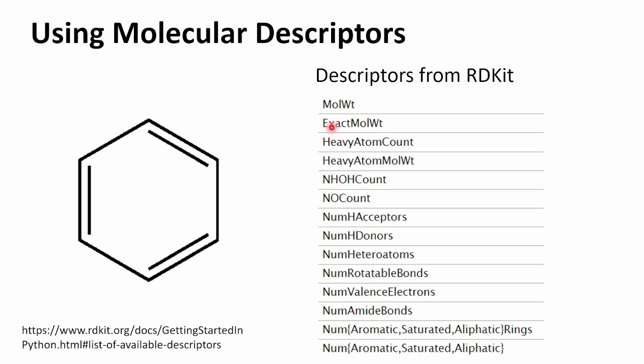And this could be the input for a machine learning model. This set of descriptors is from RDKit. You can get a complete list of these descriptors by going to this website, and those descriptors can then be selected and put into a machine learning model to do the prediction.